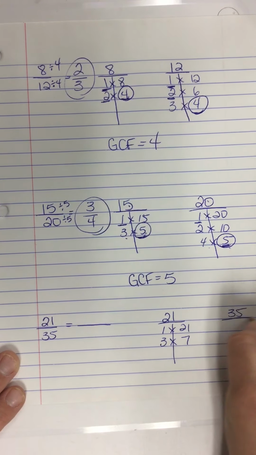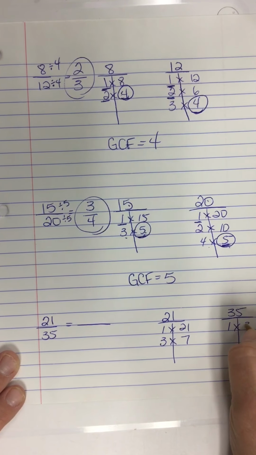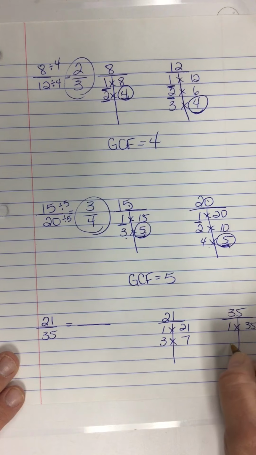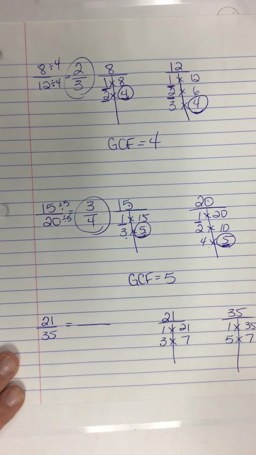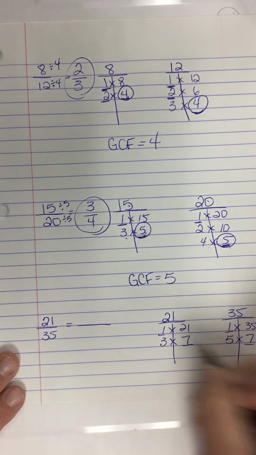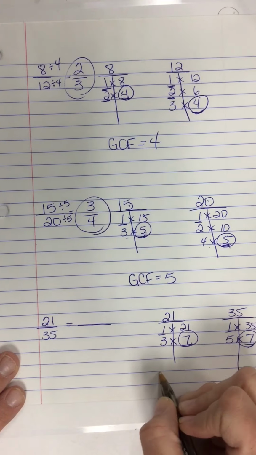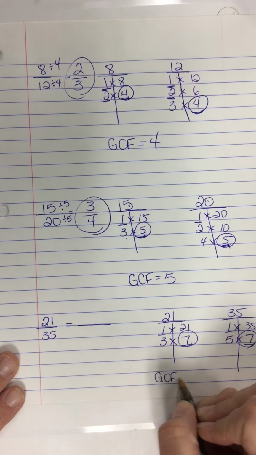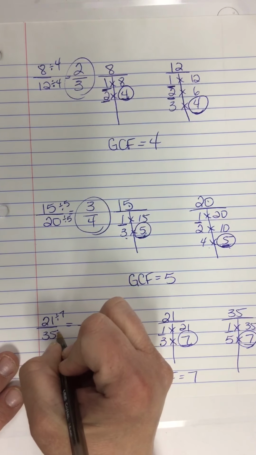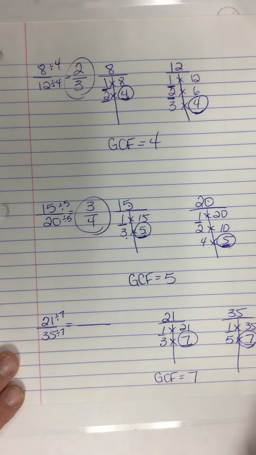T-chart for 35. 1 times 35. 2 doesn't go into it. 3 doesn't go into it. Neither does 4. But 5 does. 5 times 7. Common factors are 1 and 7. The GCF equals 7. So I'm going to divide the numerator by 7 and the denominator by 7.